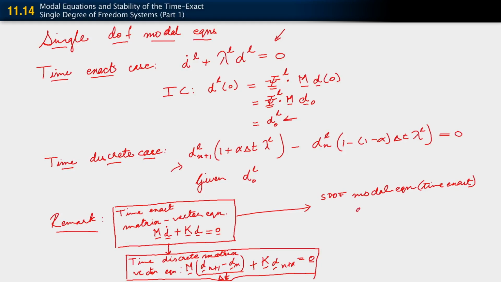Right, which is essentially dL dot plus lambda L dL equals 0 plus initial conditions, right? Everywhere we have initial conditions.